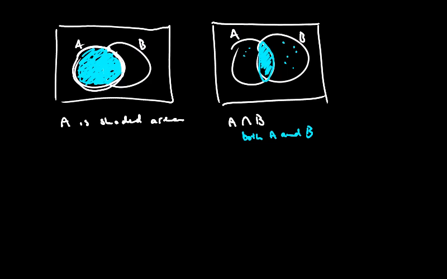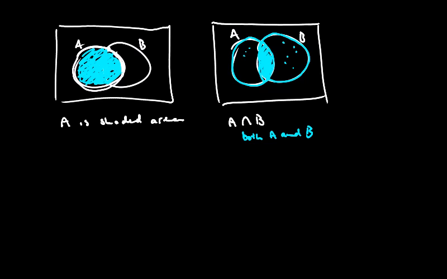Because anything in here is going to be in A, because here's A, right? And again, anything in here is also going to be in B because here's B. So this is the intersection of A and B.